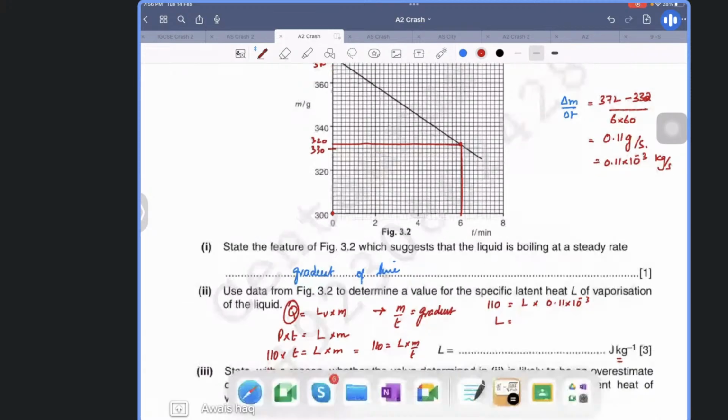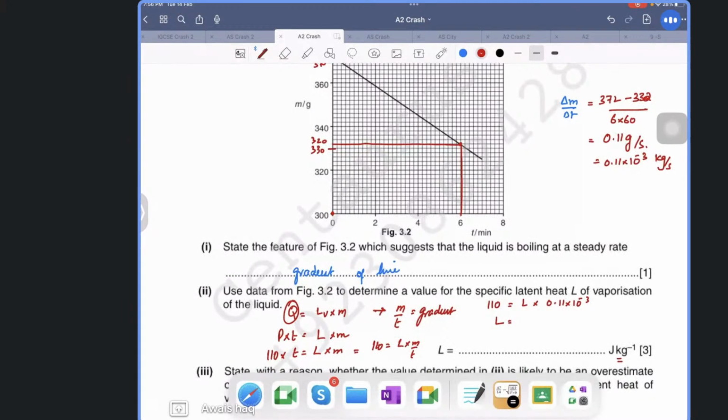That's so much time. That's not fair. It's 1 million. So 1.0 times 10 power 6. Okay, so it's going to be 1.0 times 10 power 6 this.